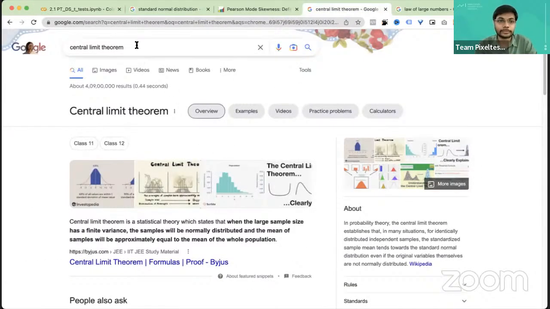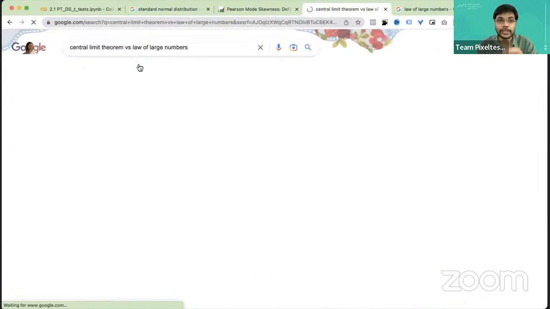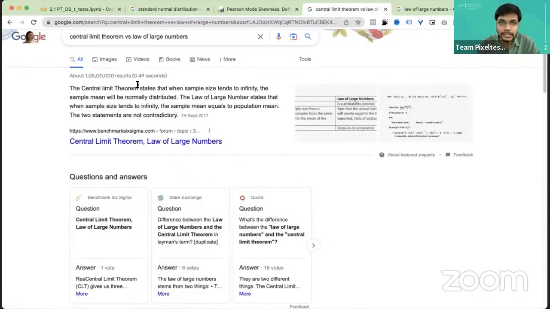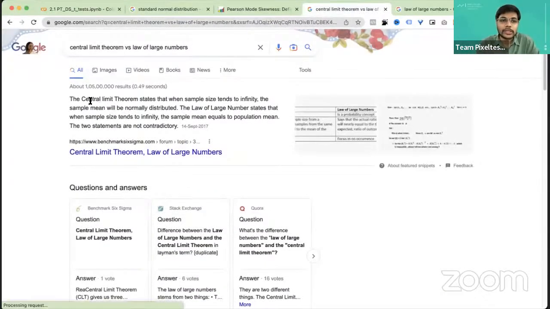Just to clarify, I am going to give you this example: central limit theorem versus law of large numbers. The central limit theorem states that when sample size tends to infinity, like we keep on increasing the number of samples, the sample mean will be normally distributed. Here the central limit theorem is talking about the graph.